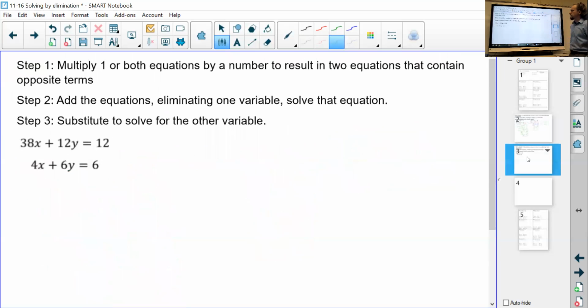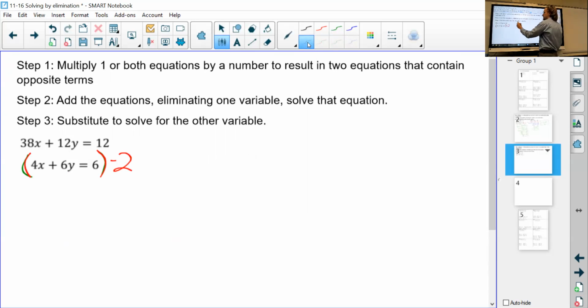Let's try one more. So same 3 steps. So I look at my 2 equations. I see smaller numbers on the bottom, so I'm going to multiply my bottom equation by something. So I don't know what I can multiply 4 by that'll give me 38. But I see 12 and 6. So again, and you're going to see this a lot, you can just multiply that by negative 2.